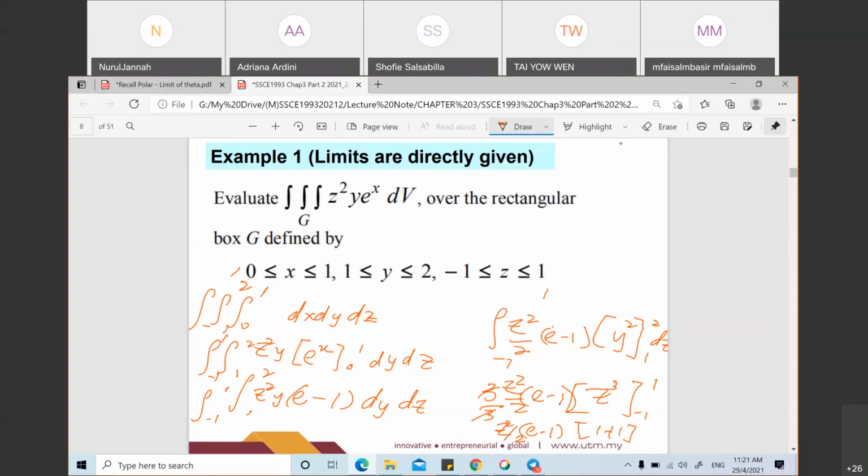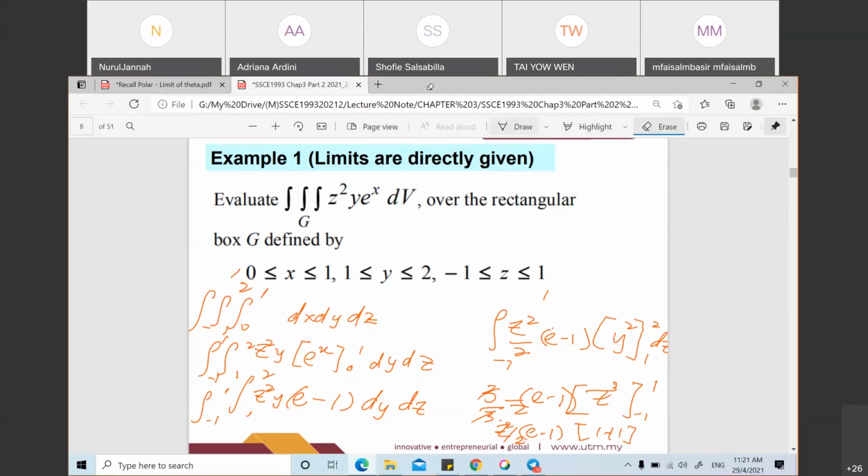The 2 can be cancelled. Sorry, what is this? I don't have z here. I already integrated z, so this is not z. So I am left with e minus 1.